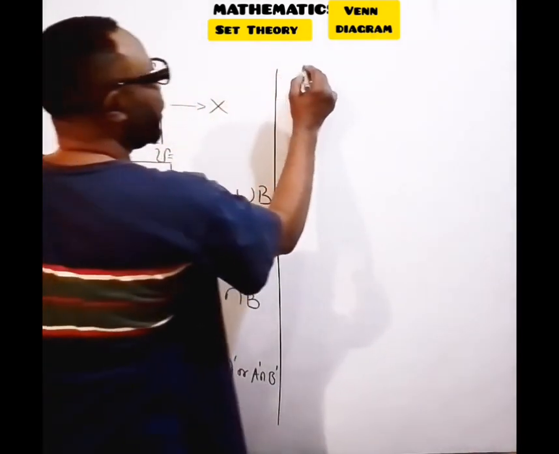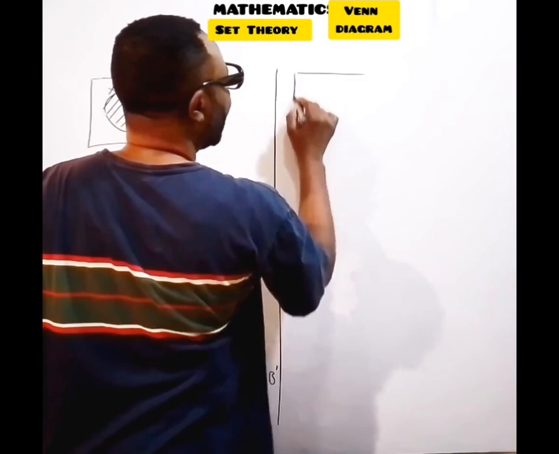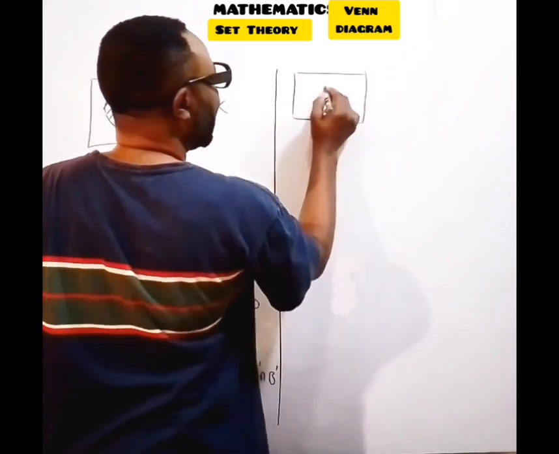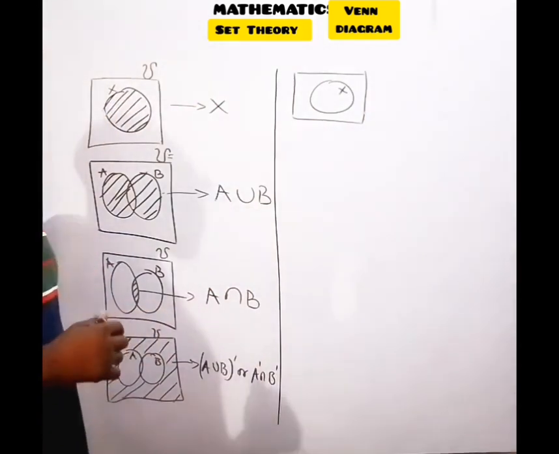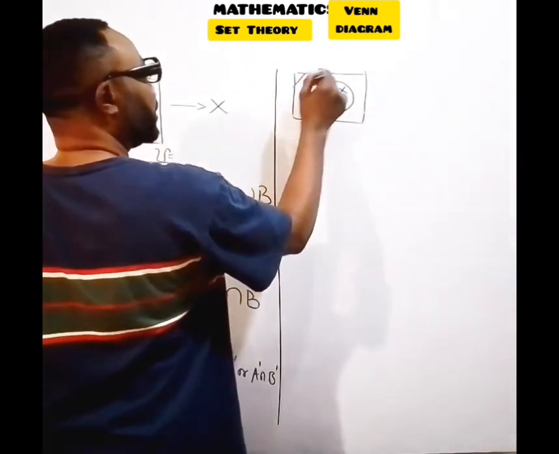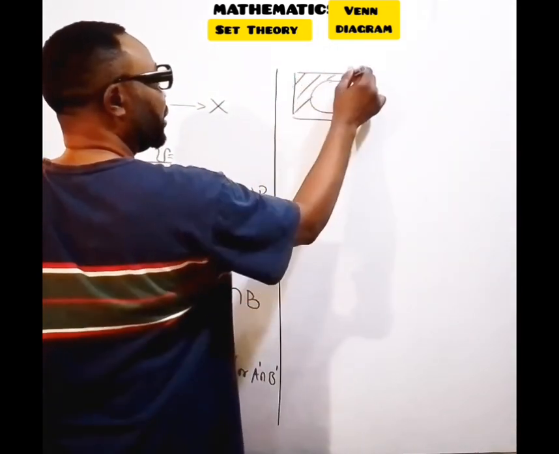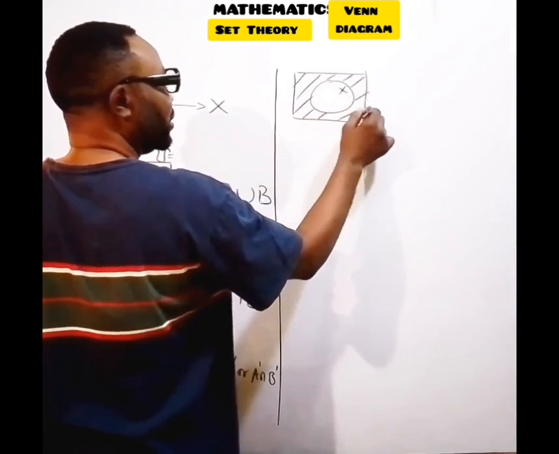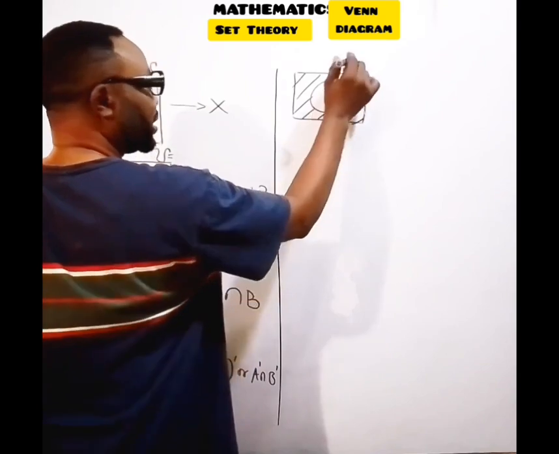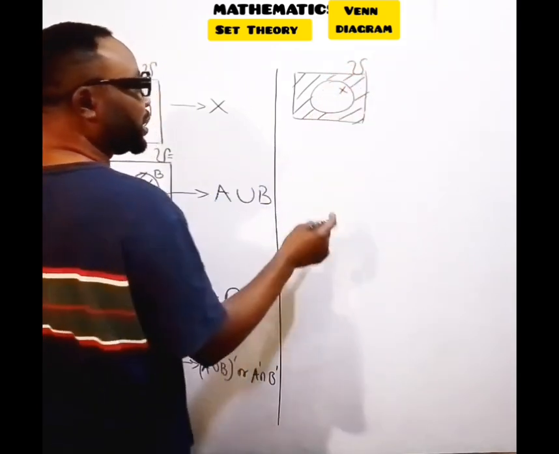Now, I'm going to have another one here. I call this the only set here. This is X. And I have this portion shaded, the portion outside that set circle. You know, this is a universal set.